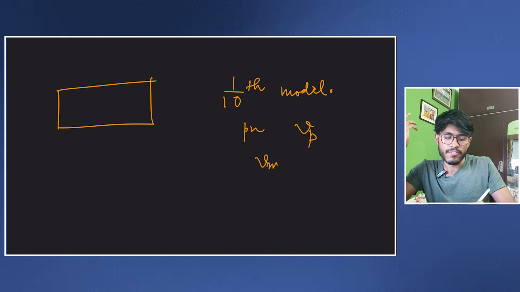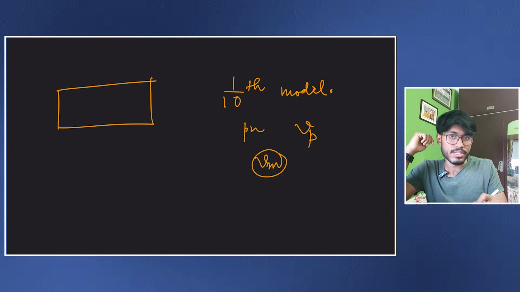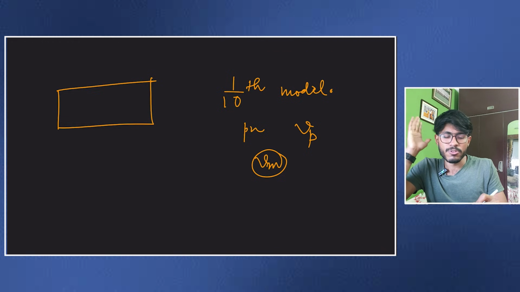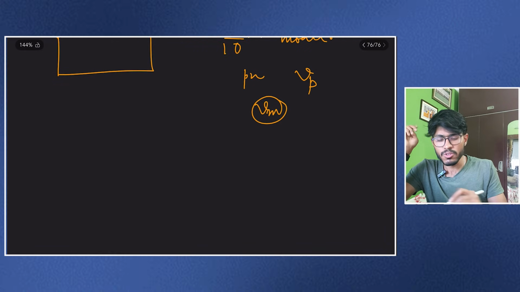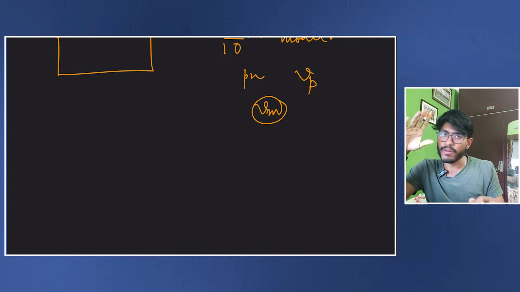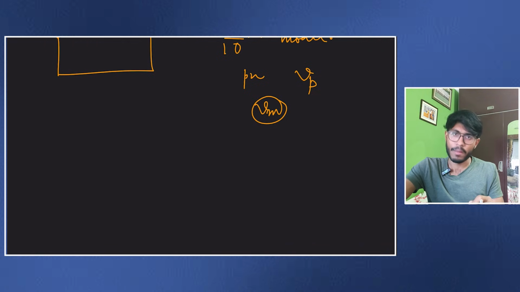Then you have to find the vm. So you have to use the Froude number. You just have to know the formula for the Froude number. This is a simple formula that you can apply.